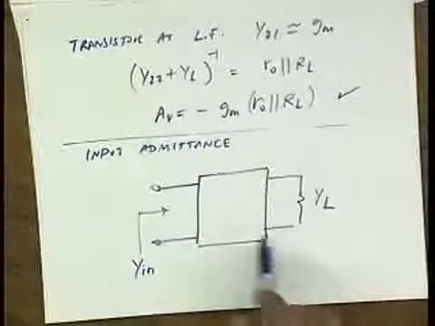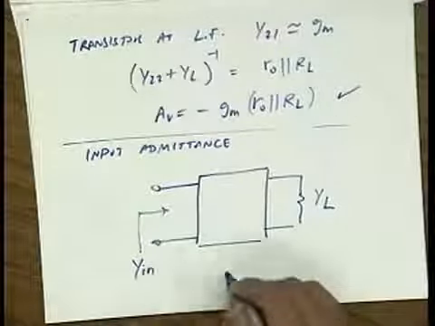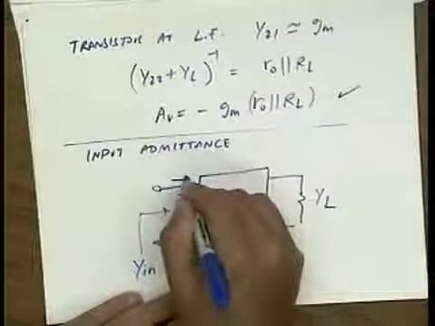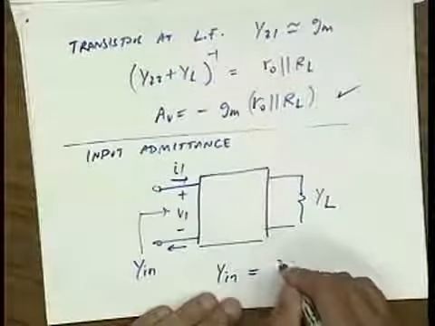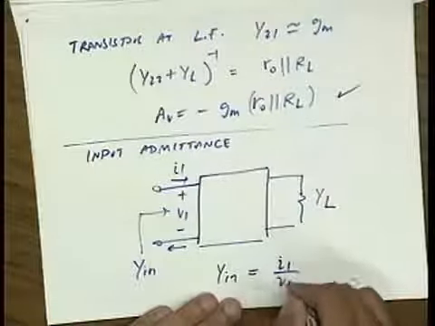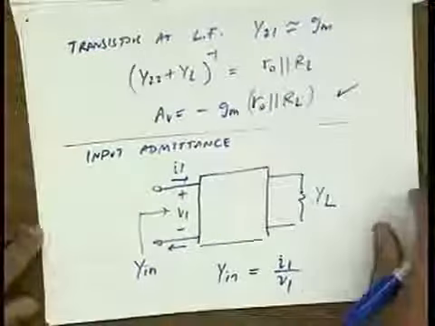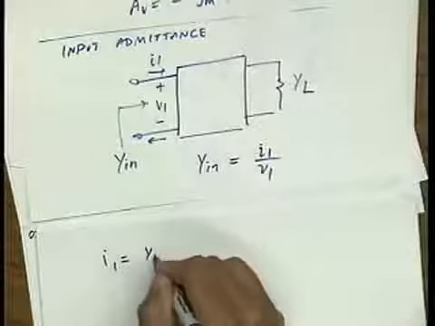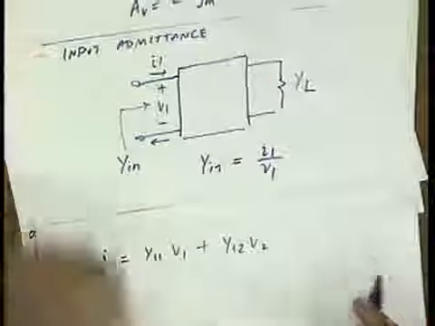Now remember, if I short circuit the output, Y in is just Y11. But I want to find it under general conditions. So under general conditions, this is V1, and this is I1. So Y in is simply I1 over V1. So I1 is Y11 V1 plus Y12 V2.